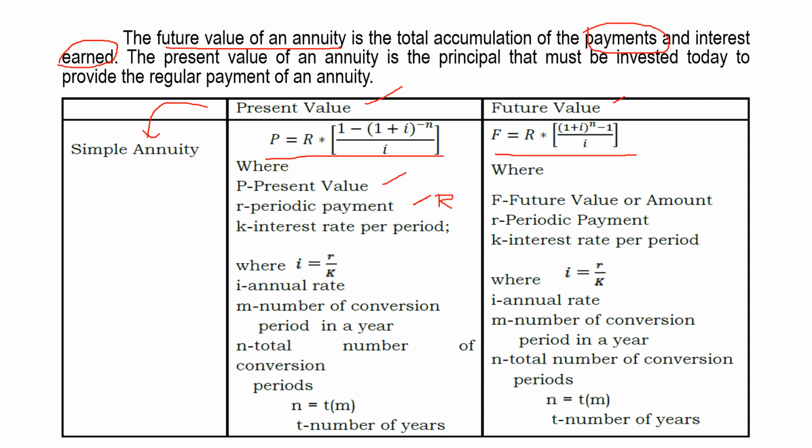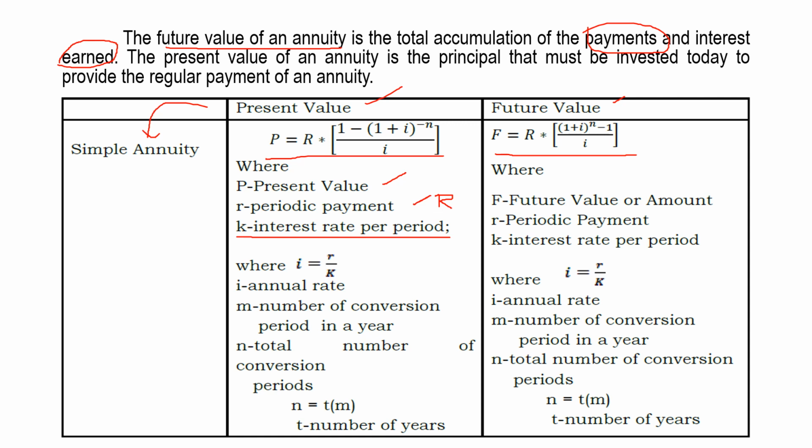Your K is the interest rate per period. It is always given in a problem, the interest rate per period. So that will be the value of K.